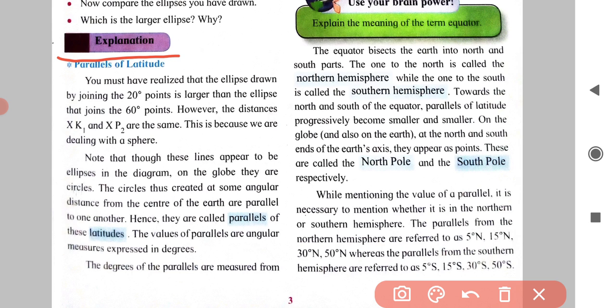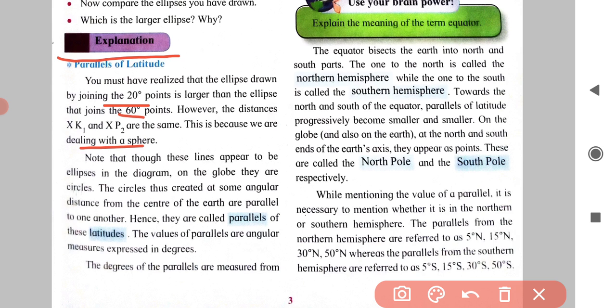The 20-degree points make a larger ellipse than the 60-degree points. However, the distances XK1 and XP2 are the same. This is because we are dealing with a sphere. And why are these the same, XK1 and XP2? Because we are dealing with a sphere.